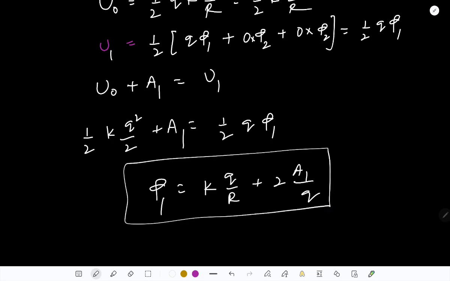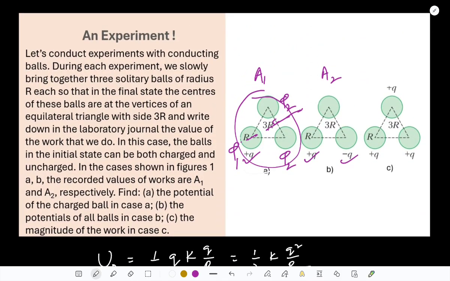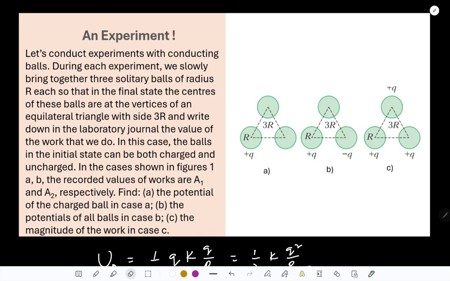Now consider case B, something like this.